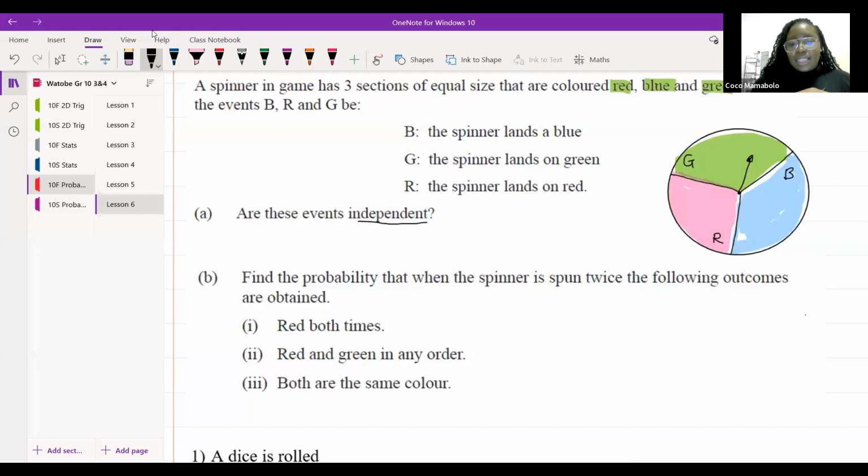No, it doesn't, which means they are independent events, because the first spin has nothing to do with the second spin. So here's my question again. Are these events independent? Yes, they are independent because the second spin is not affected by the first spin.